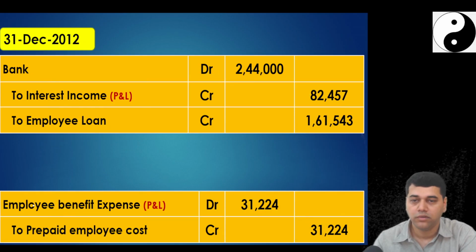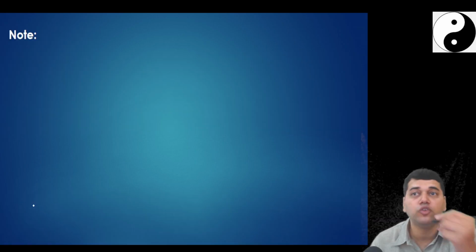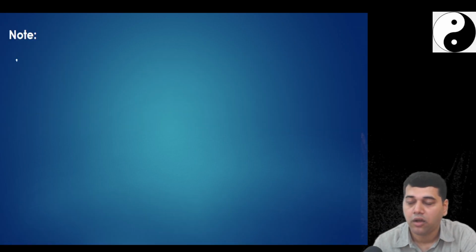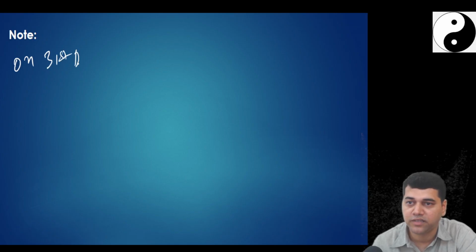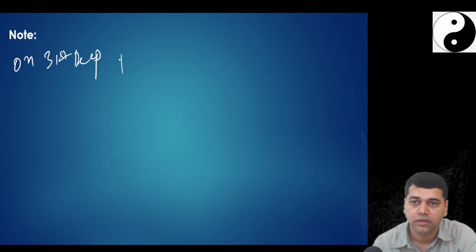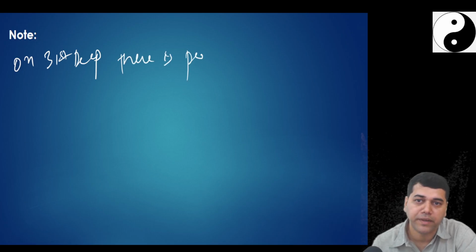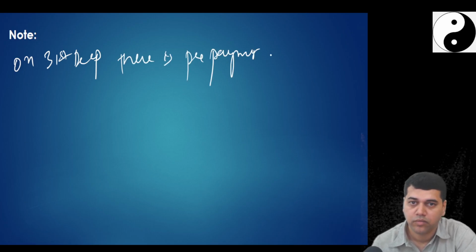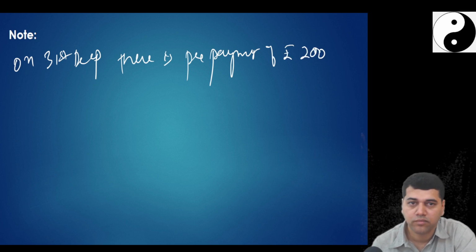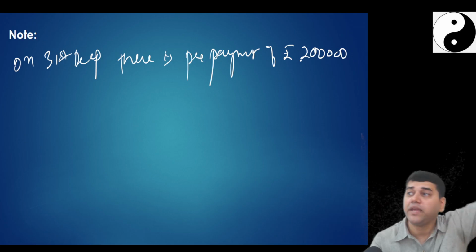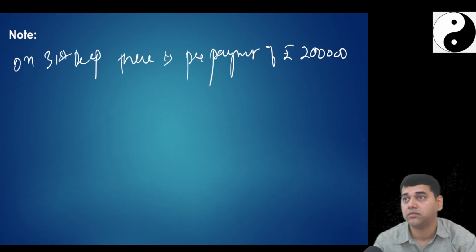See now, this is the entry you have passed. Now you write one note. On 31st December, there is prepayment of rupees 2 lakh, which he was supposed to pay at the end.